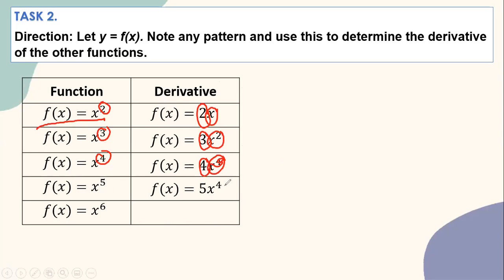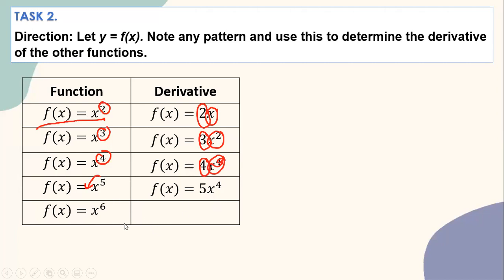Na minusan siya ng 1. So yung exponent na given, pumupunta siya sa unahan, nagiging coefficient, and then na minusan ng 1. So, that is the pattern in finding derivative of this certain function.